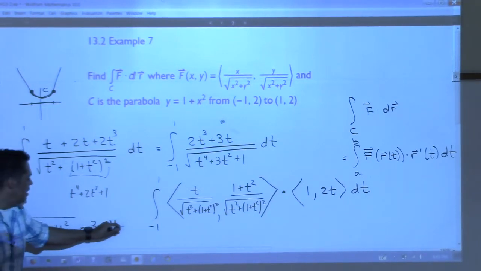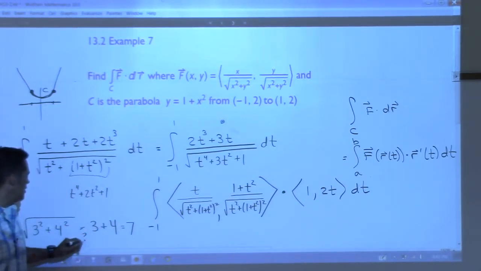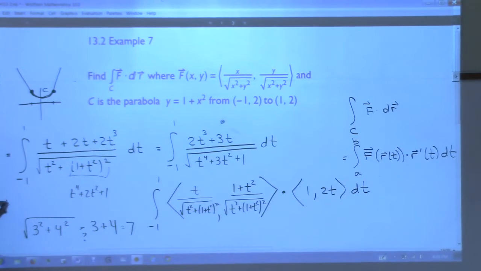So this is 7, right, if you do it this way? Is that true? Well, this is 9 plus 16. That's 25, isn't it? And that's 5. Obviously, these can't both be true. So we can't. Do you like that? Yeah. I used to do this all the time when I was a math student, because I wasn't sure about certain things. So I would just ask, can I do that? And I try. And as long as I showed one case where it didn't work, then I know I'm wrong, right?